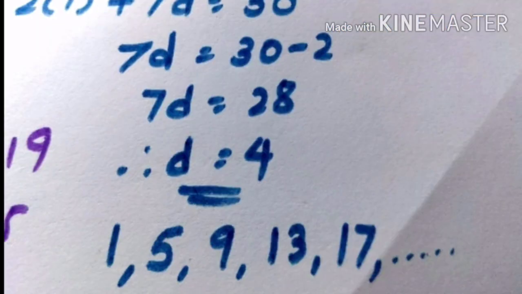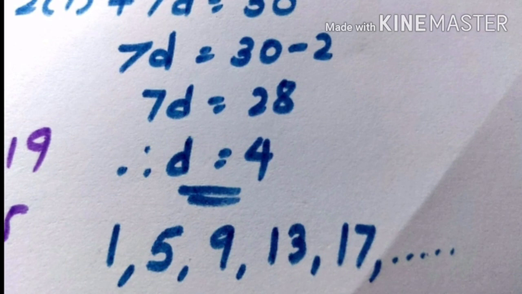So lastly we have to write our AP. The first term is 1, then add 4 to 1, we get 5, plus 4 gives 9, plus 4 gives 13, plus 4 gives 17, and so on. This way, write 3 or 4 terms of your AP and then put dot dot dot.